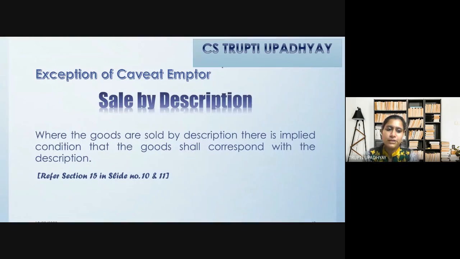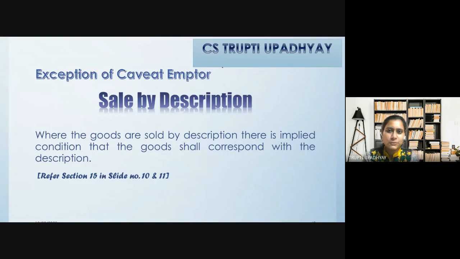Sale by description. Where the goods are sold by description, there is an implied condition that the goods shall correspond with the description. This means that the description of the goods and the product should match. Suppose the buyer has said that he wants a green packet of Lays chips.